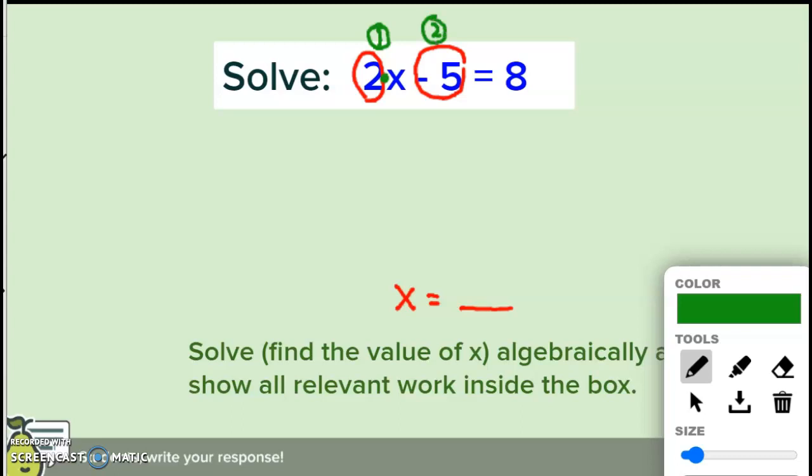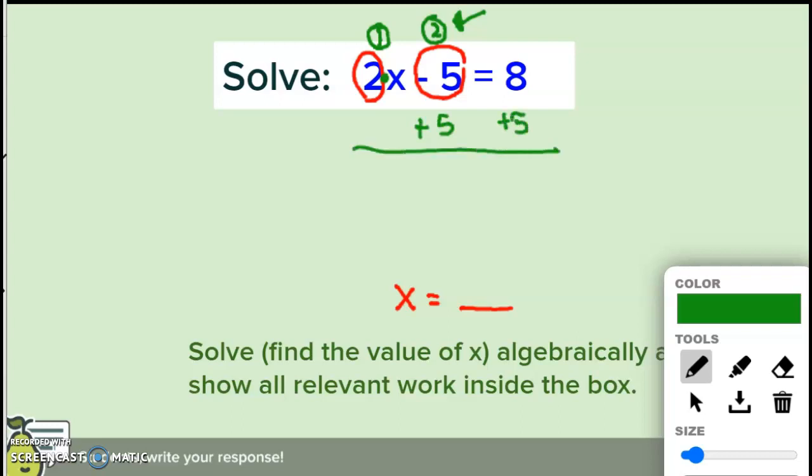That's the second thing that was done to x. In order to undo everything, we need to start with the very last thing that was done to it, that is subtract by 5. So we need to get rid of this subtract by 5 first. How do I get rid of this subtract by 5? Same thing: if x was subtracted by 5 and we don't want this -5, then what did you do before? We added 5 to both sides, right?